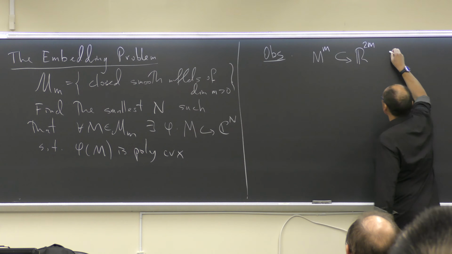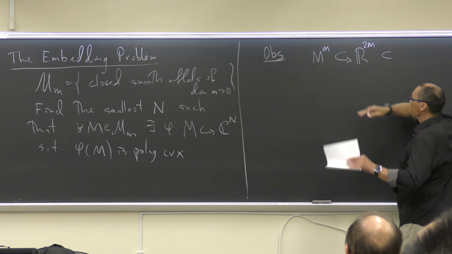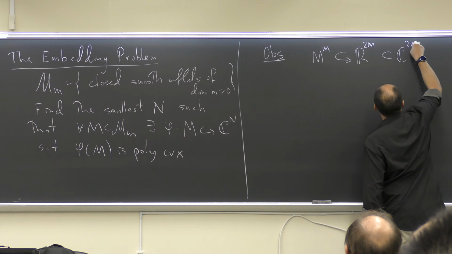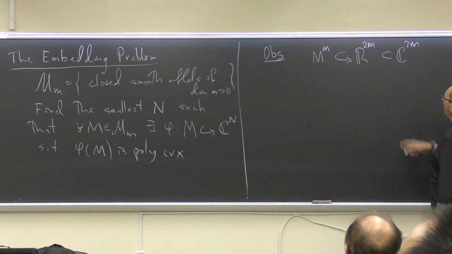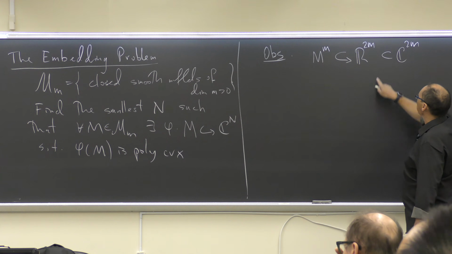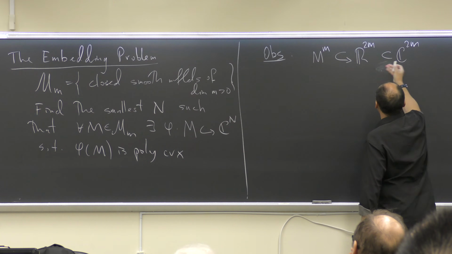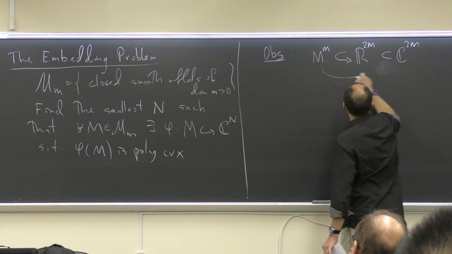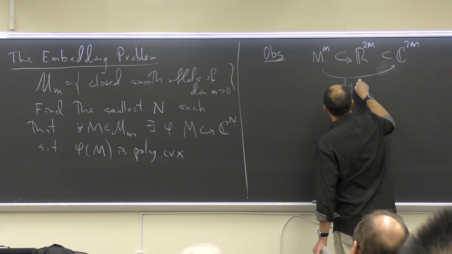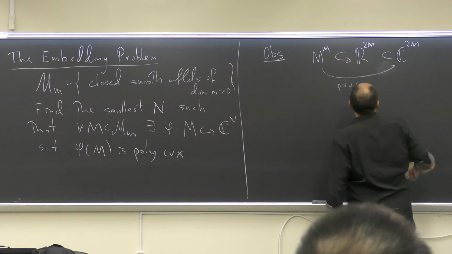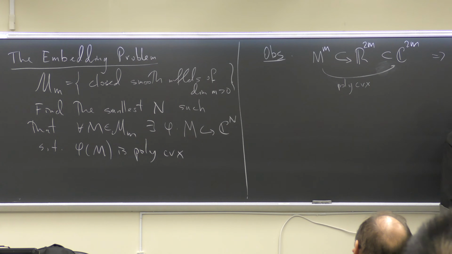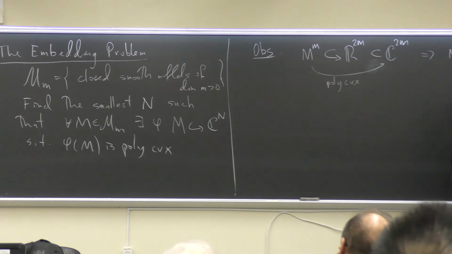And then this can be a totally real subspace of C^2m. And by the property I discussed, this will be a polynomially convex embedding. Therefore, we can say that N is less than or equal to 2m.